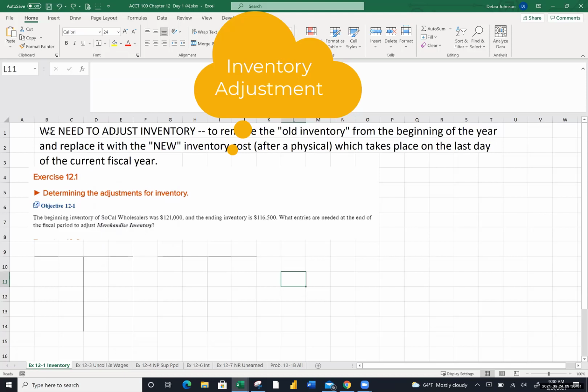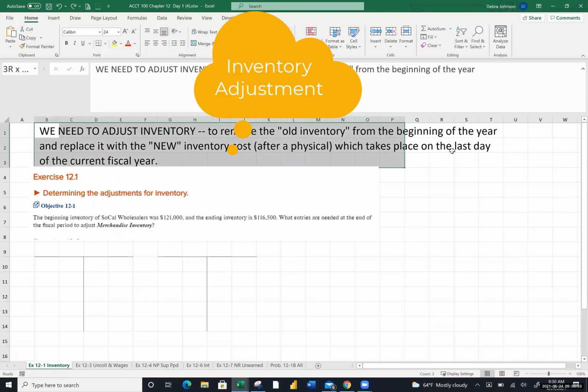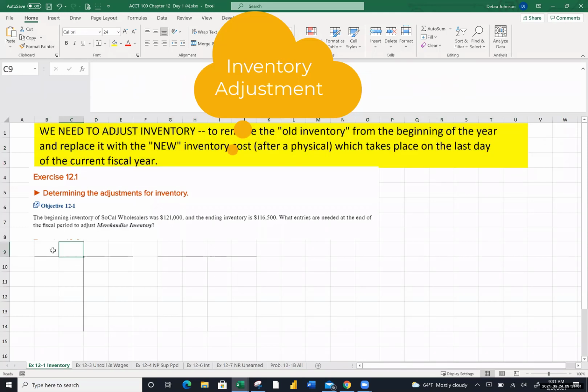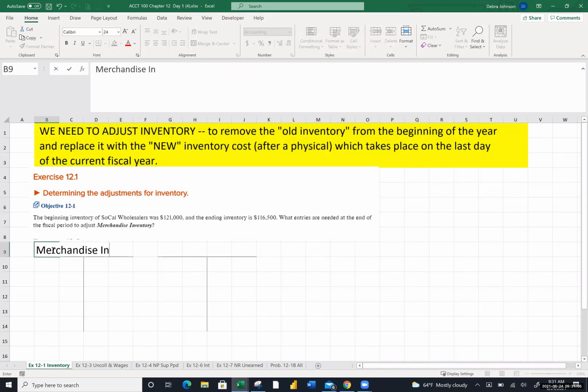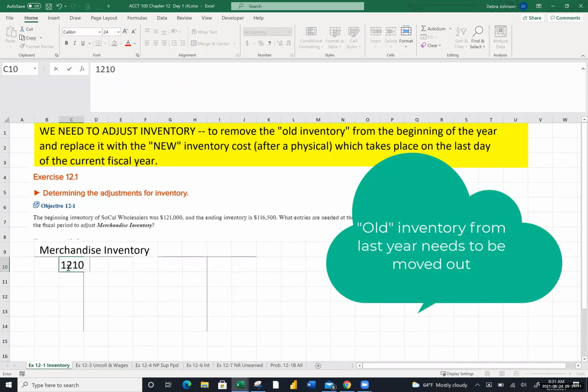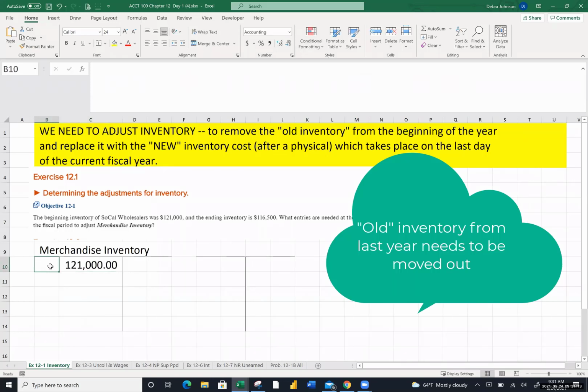And I reminded us why we need to do this adjustment. The reason we need to adjust inventory is that what's sitting in this merchandise inventory account is what was left over from last year. I'm going to call this beginning. Remember, we haven't touched this account.